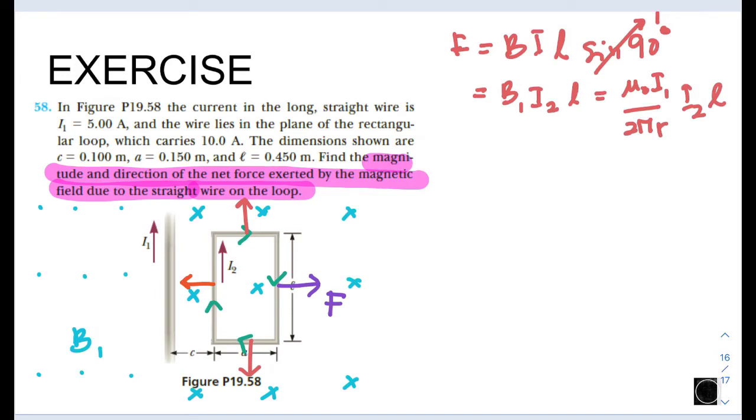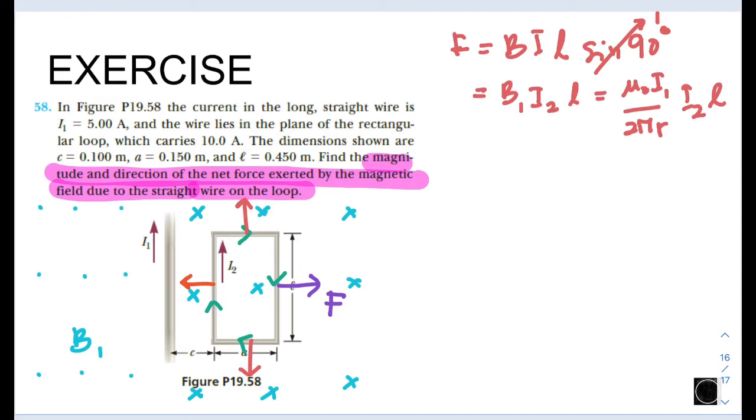So if you refer here, the R will be this one, C plus half A. Here also C plus half A. So it's the same. One of it to the top, one of it to the bottom. So if we do summation in terms of the y-axis component of forces, then you will get 0 amount. The net will be 0.